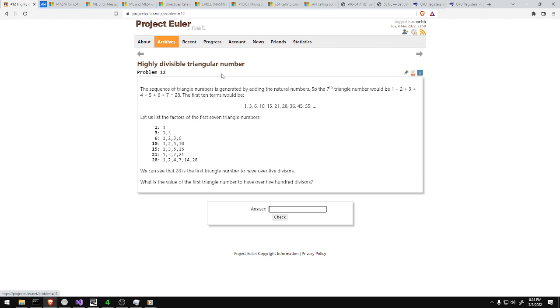That might be the kind of thing we skip, though it might be interesting to do some of those. The sequence of triangle numbers. Here they actually define the triangle numbers. What is the value of the first triangle number to have over 500 divisors? Divisor counting. Then we will definitely want a factorization table. Interesting. Okay.